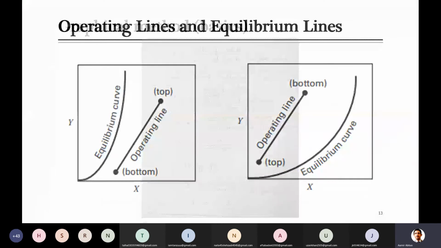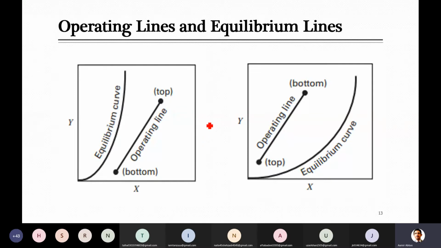So right, in this method two things are important, which are called the operating line and the equilibrium line. So how we have to draw the operating line or the equilibrium line while designing the absorber tray tower.